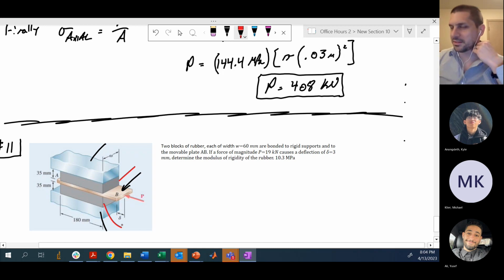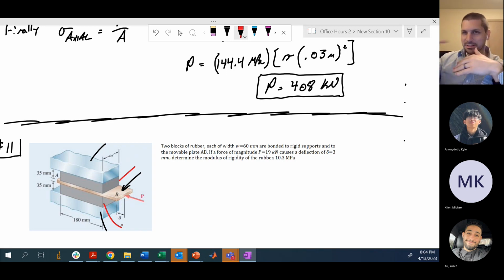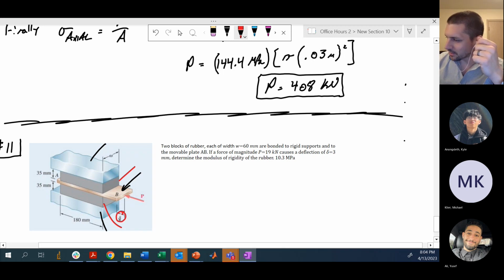Those are the non-rigid rectangular blocks that we're going to pull against. We've got this force of 19 kilonewtons, which causes a deflection of 3 millimeters. We want to find the modulus of rigidity of the rubber.